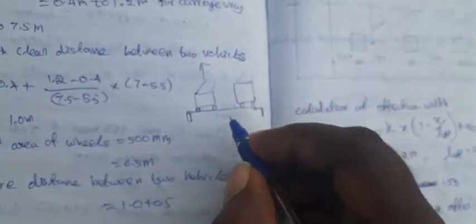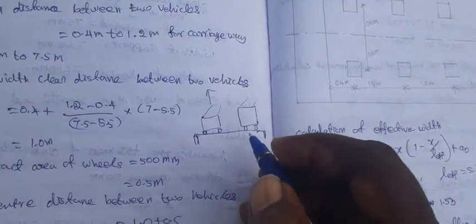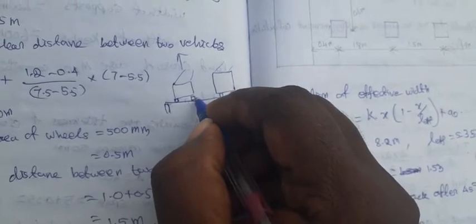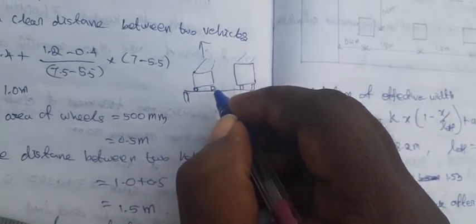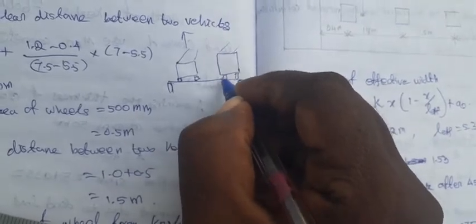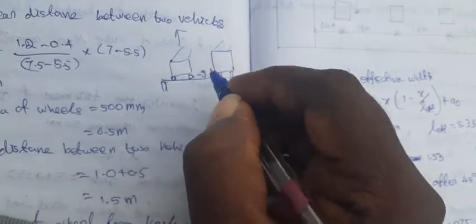So here G and F, these two are the clear distances between vehicles and curbs. So this is the edge of the left side vehicle, this is the edge of the right side vehicle. So the distance between two edges will be considered as the G value.